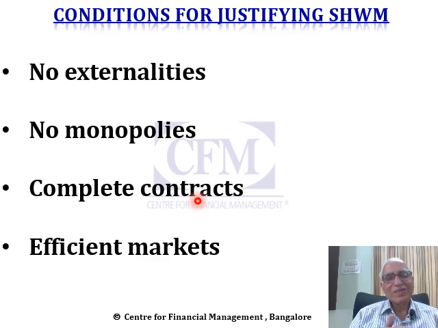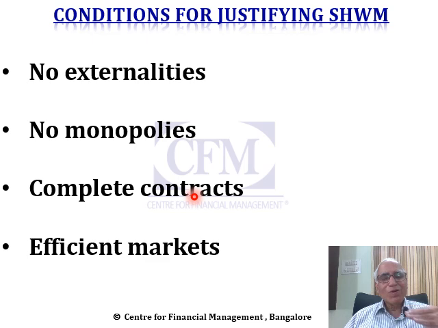Complete contracts. A company enters into contractual relationship with all stakeholders other than shareholders. As far as shareholders are concerned, they are entitled to residual income, whereas other stakeholders are entitled to certain compensation or benefits according to contractual relationship.